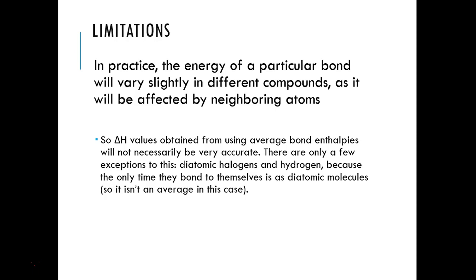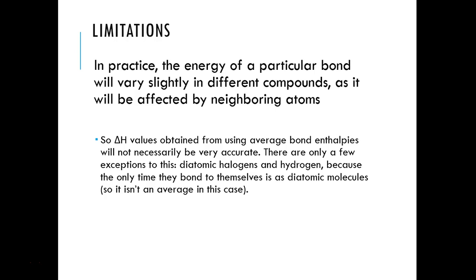There are a few exceptions where we actually have bond enthalpies that are precise and not average bond enthalpies. The diatomic halogens and hydrogen are great examples of these because the only time there's a bromine-bromine bond is in Br2, diatomic bromine. Okay? The same thing for hydrogen, and so these are going to be exact numbers.